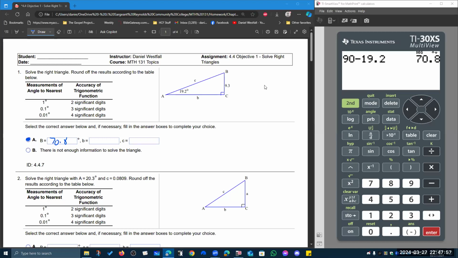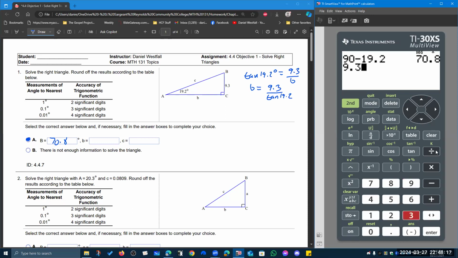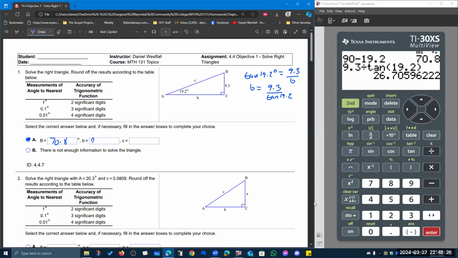So let's go ahead and solve for B using tangent of 19.2 degrees is equal to 9.3 divided by B. So B is equal to 9.3 divided by tangent of 19.2, which is 26.7.